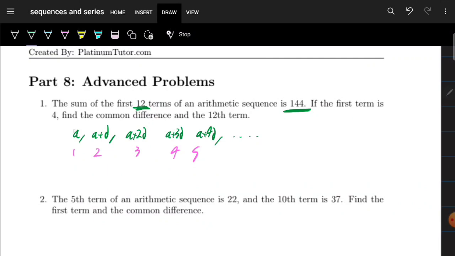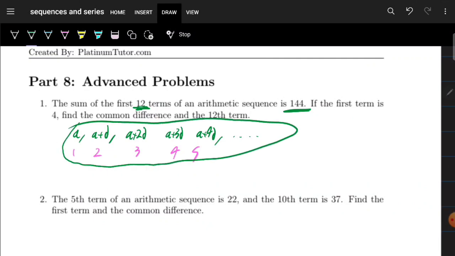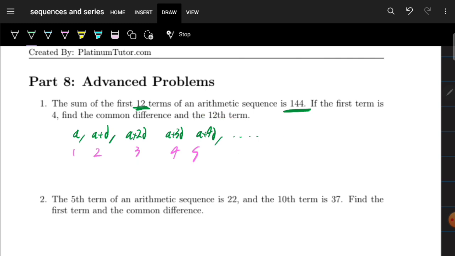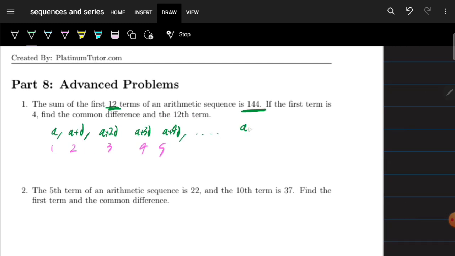So if we are to do this problem, we have to calculate the sum of the first 12 terms. Okay, so we have to figure out the first term a, plus the second term a plus d, plus the third term a plus 2d, plus the next term a plus 3d, plus all the way up to the 12th term.